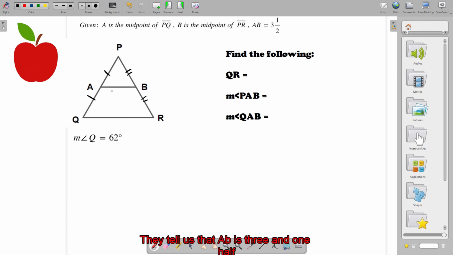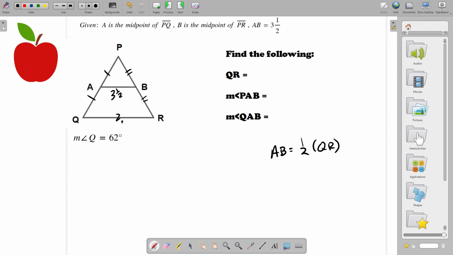They tell us that AB is 3 1/2. We're trying to find QR. Let's do that first. So we know that AB is half of QR. We're told that AB is 3 1/2.